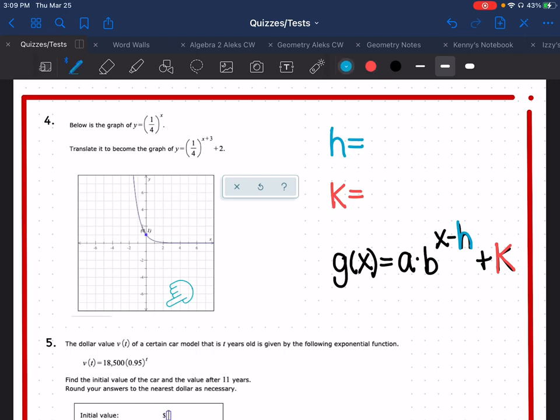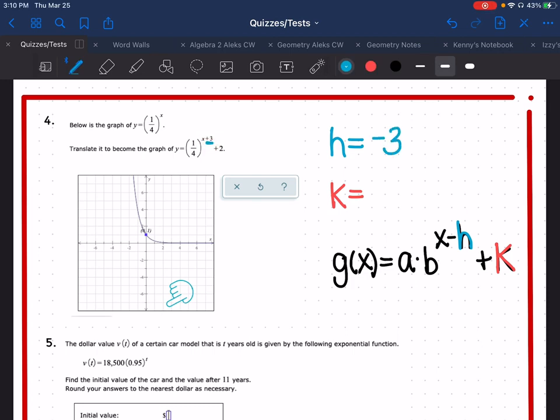So H is going to be this guy right here. Now remember, H is tricky because look at the formula. It has a minus in the formula. So H is trying to trick you. The H right here that I underlined looks like +3, but it's really -3.